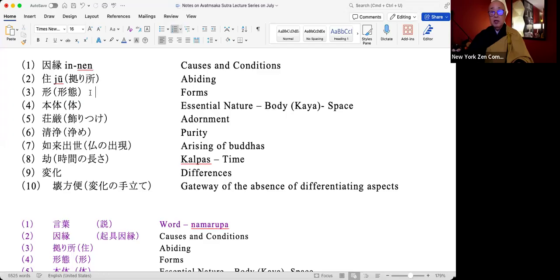It's forms. And then when that happens, there's always some kind of characteristic of the forms. There's a form of violet, there's a form of rose, there's a form of a cloud. Each one of them constantly moves, but at the same time there's a form. And then number 4, this is essential nature.